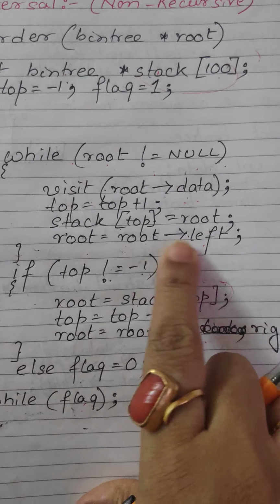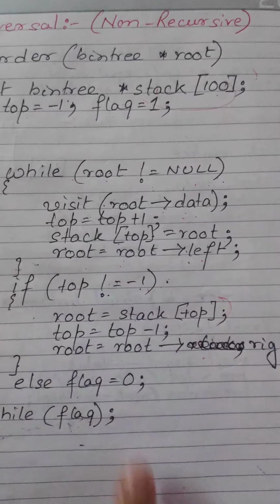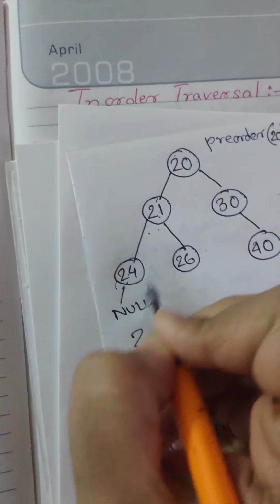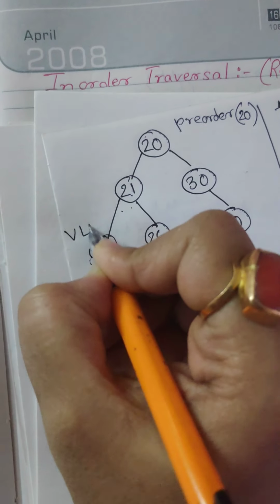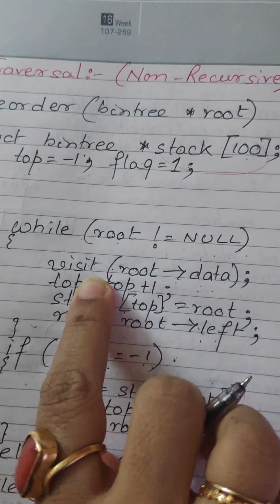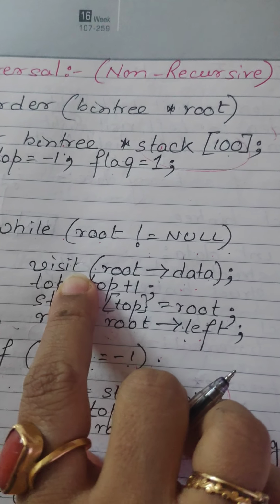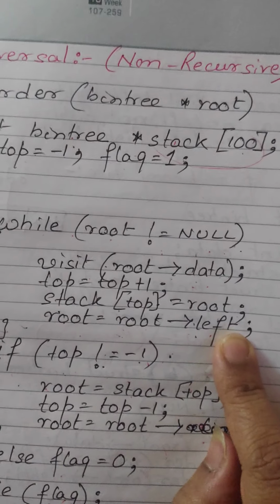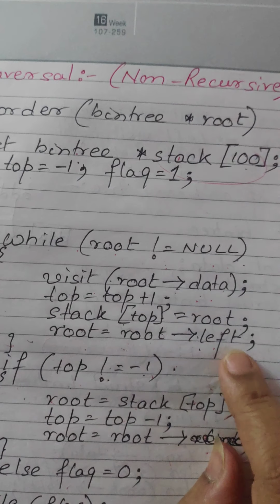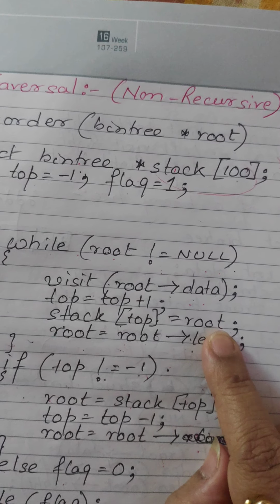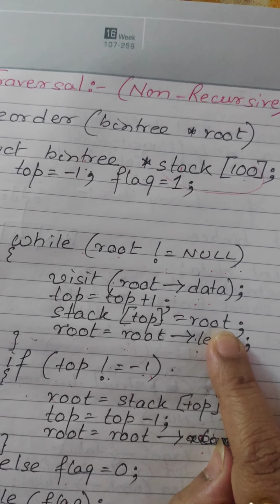Now, what is this portion doing basically? We already know that pre-order traversal means VLR. As soon as you have got a root value, first you have visited it, that means you have displayed the value of the root. And then you have traversed the left side of the root. After traversing the left side of the root, you have put the root into a stack.